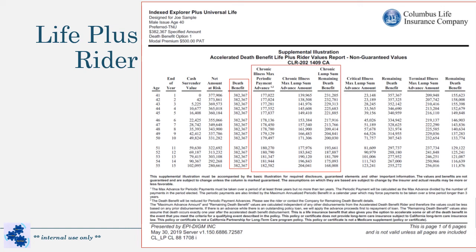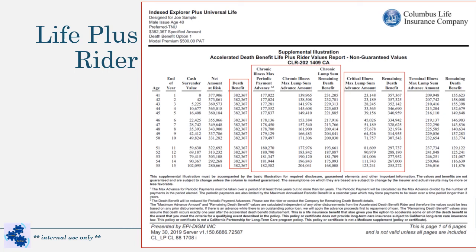That's chronic illness. And the next one is critical illness. Critical illness, as shown in California, applies if your client has a medical condition and is going without any medical treatment, and this condition will lead to a fatal situation should he not get medical treatment for the next 6 months. That's the definition.